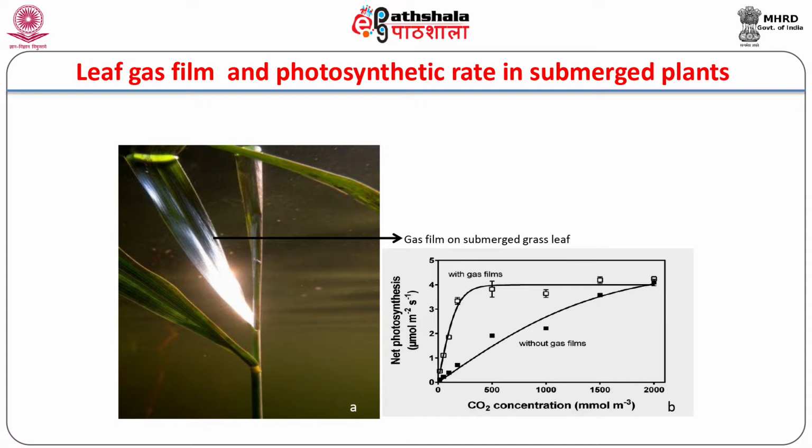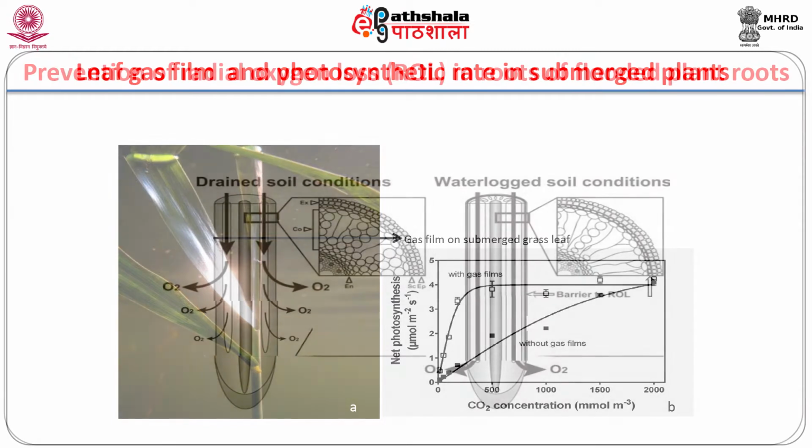Improved gas exchange by submerged leaves can enhance CO2 uptake for underwater photosynthesis during light periods and oxygen entry during dark periods, with benefits to whole plant internal aeration. In submerged rice, leaf gas films make a substantial contribution in enhancing internal aeration, photosynthesis and growth.